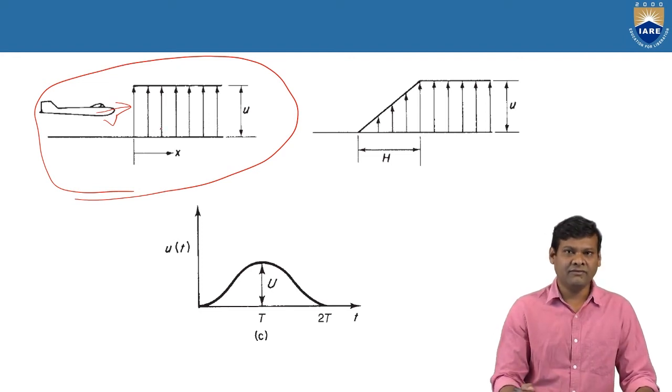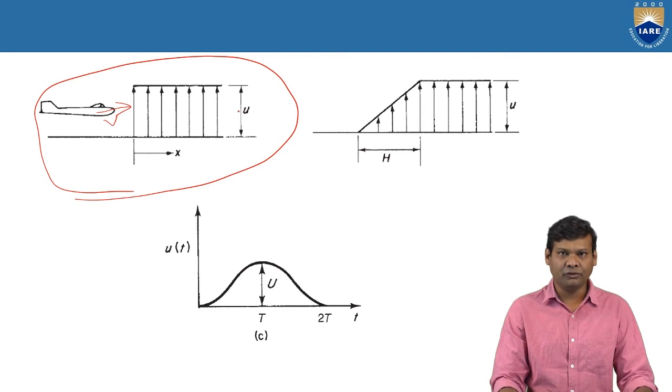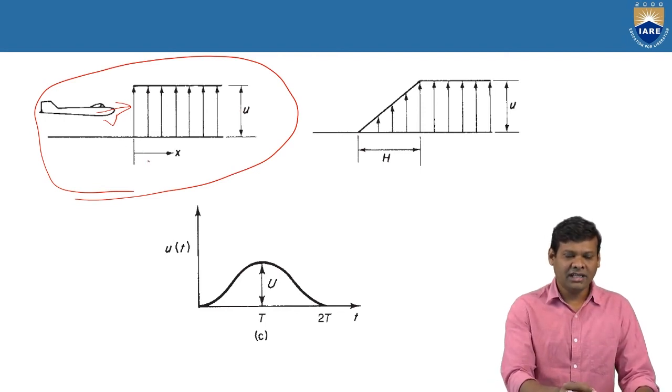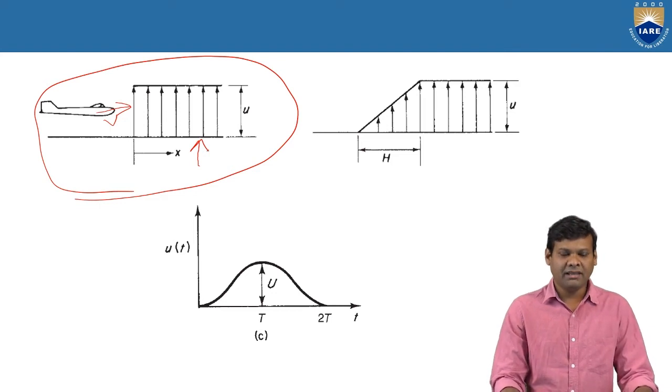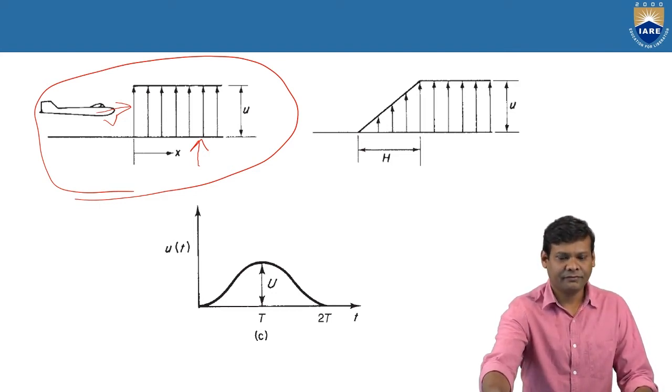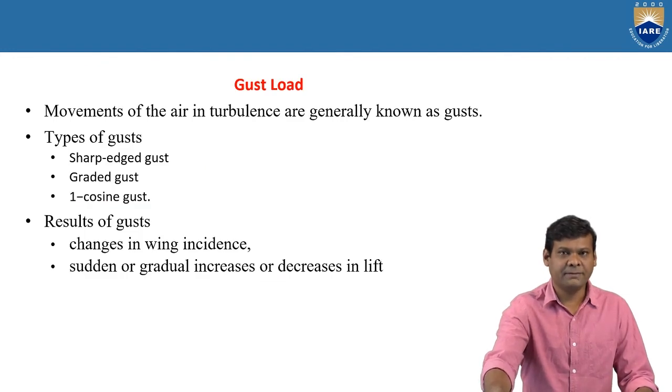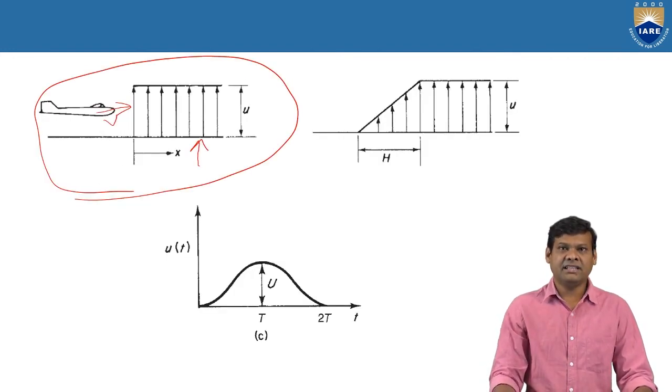It is encountered with, and the velocity of air is denoted by u. And here you may observe that it is towards up. Finally, this is called a sharp edge gust.